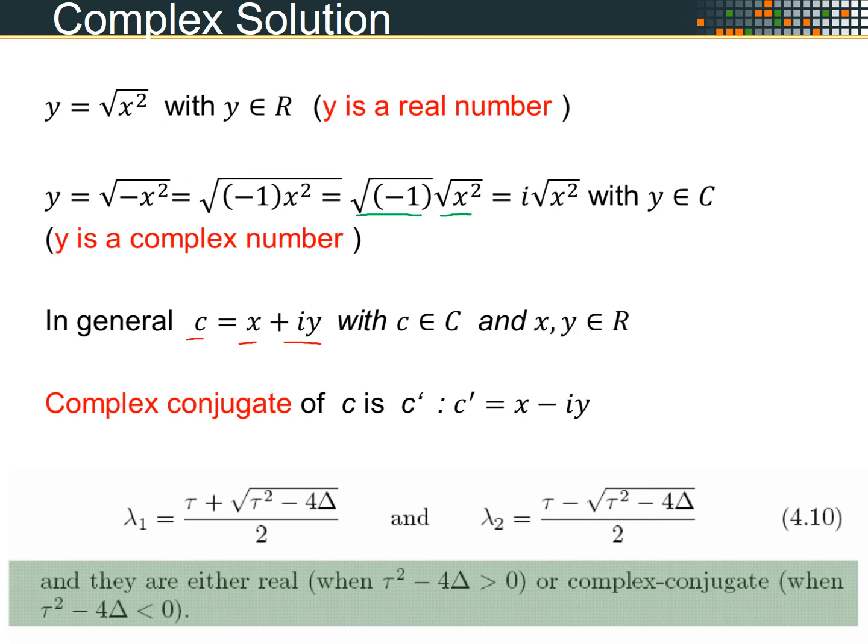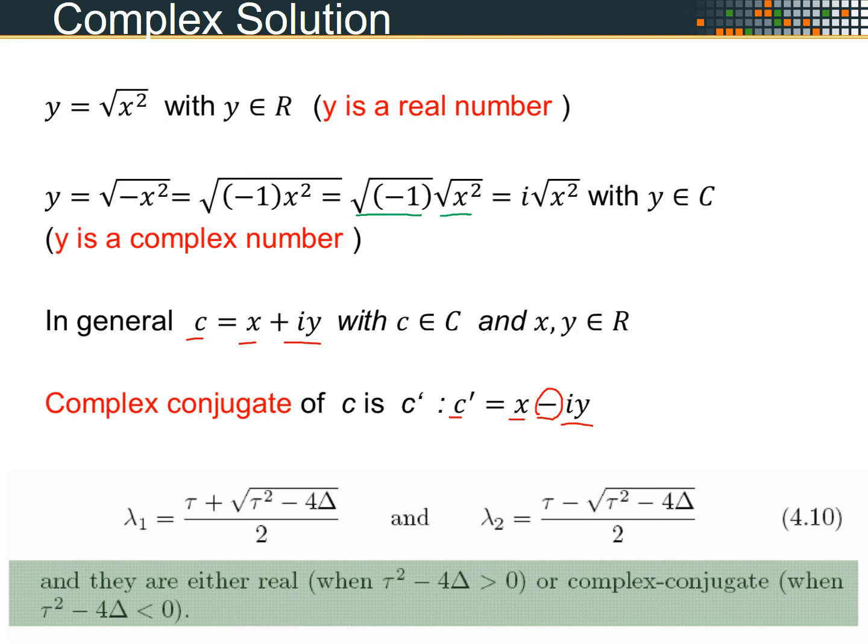We can also define a property that is called the complex conjugate. The complex conjugate of C, which we call C prime, is nothing else than the same real value but a different sign for the imaginary part. So C and C prime are identical with respect to the real part, but have a different sign in the imaginary part.